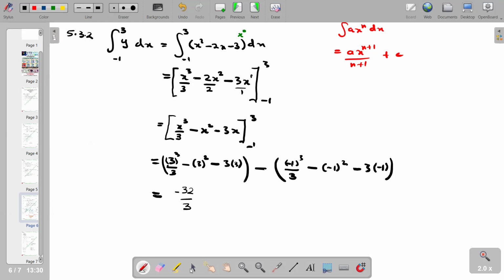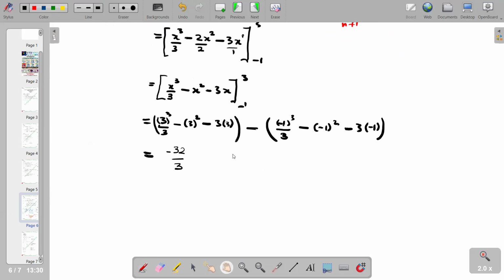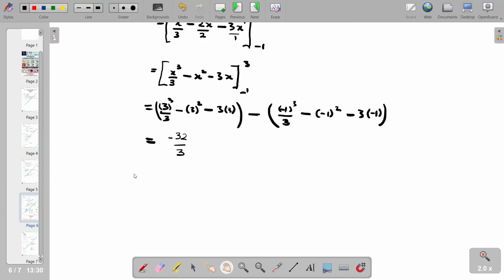So you have to take note there. This negative is simply telling us that the area is below the x-axis. So when we are writing the area, it therefore means our answer is going to be given as a positive.